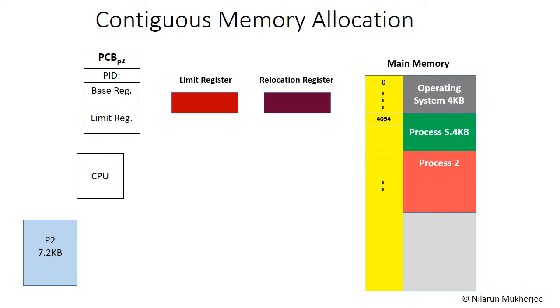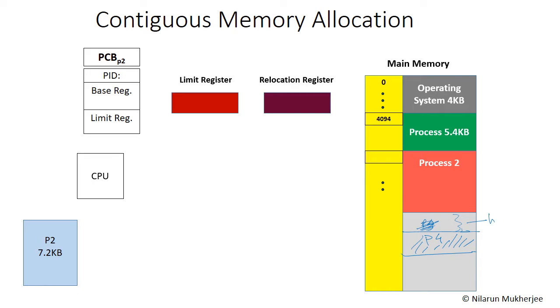Here, when I load process P2, and after some time I load P3, then P4. Now somehow P3 is terminated. Then what happens? P4 remains here. Now what to do with this space?